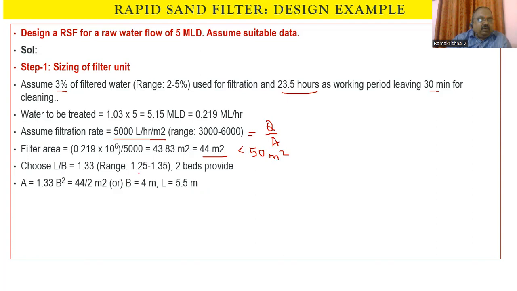Now, suppose we provide two parallel beds. 44 divided by 2 is equal to 22 square meters, and the L by B range is 1.25 to 1.35. Within that, if we assume 1.33, the dimensions of the filter bed are 4 meters and 5.5 meters.